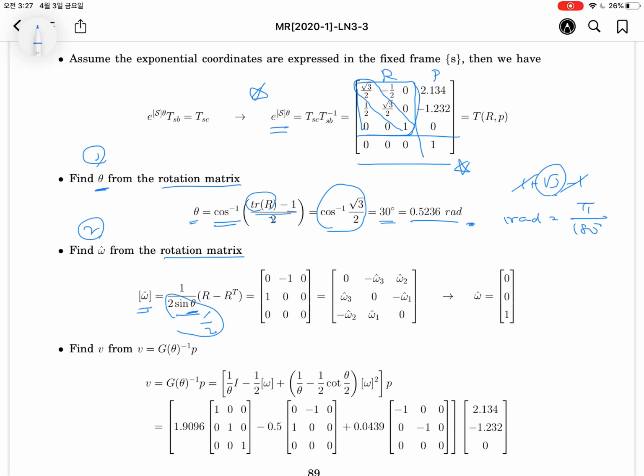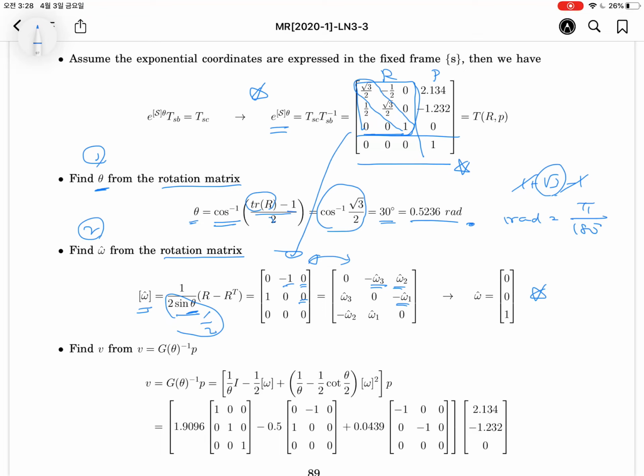So we can get 1. So R minus R transpose will be this equation. By matching the skew symmetric form of the rotational axis, we can get omega 3 is 1, omega 2 is 0, omega 1 is 0. So we have the rotational axis.